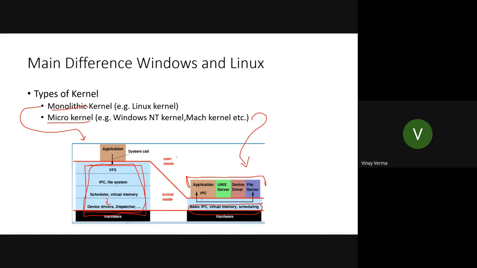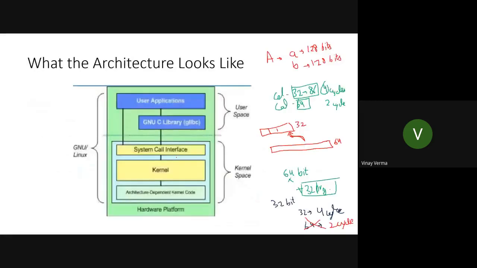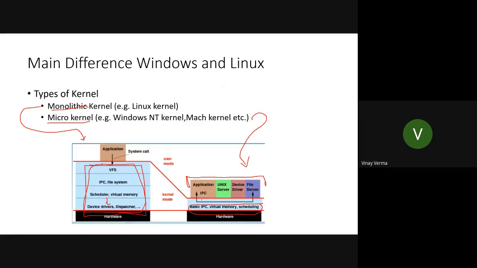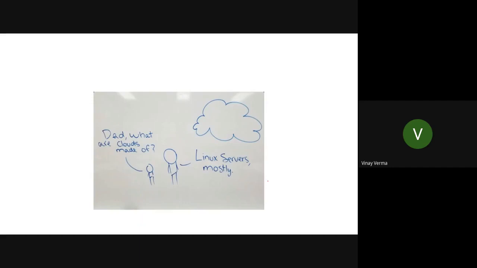As we have studied about user space and kernel space, kernel space in Windows is very small and kernel space in Linux is very large. Everything is almost present in the kernel in Linux, but in Windows, everything is at the user end, user mode.